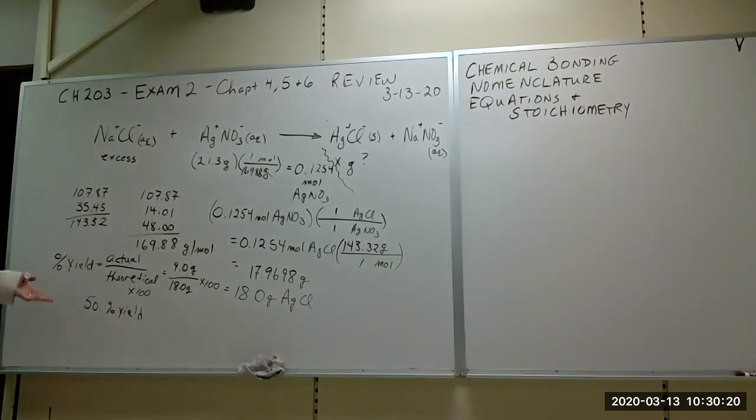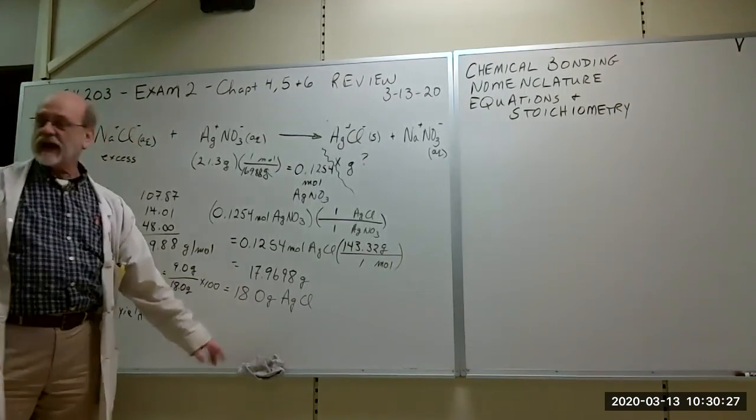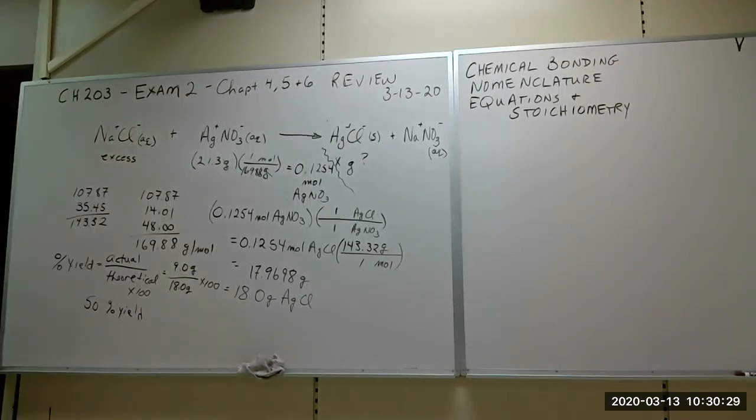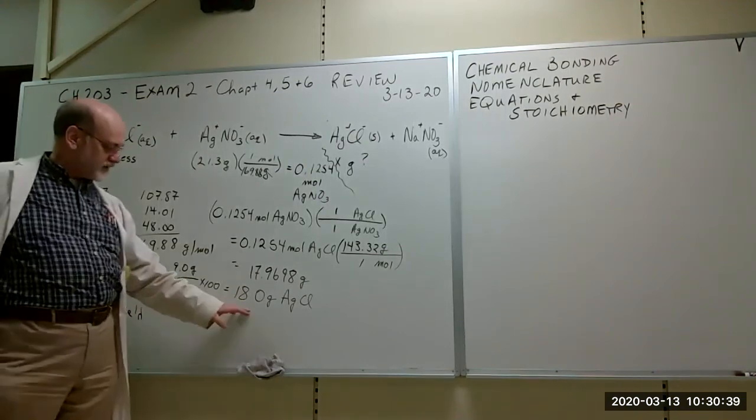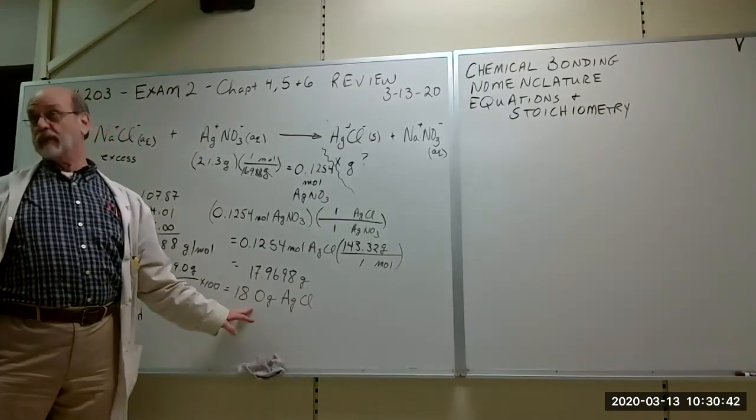You can take percent yield and work backwards. If you say, okay, I want 18 grams of silver chloride, but I know my method has proven over time that I'm only good at 50% yield. So you say, what do I need at 50% yield to give me 18 grams? Well, you need double that.